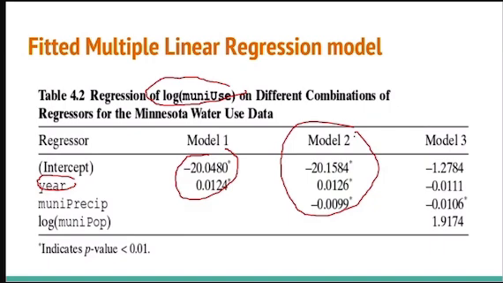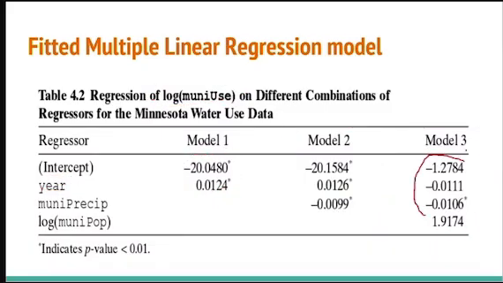When you take a look at model three, we're considering a lot of factors. But there's something I need you to pay attention to. Look at the year and look at the log of the population. We expect population to be significant.